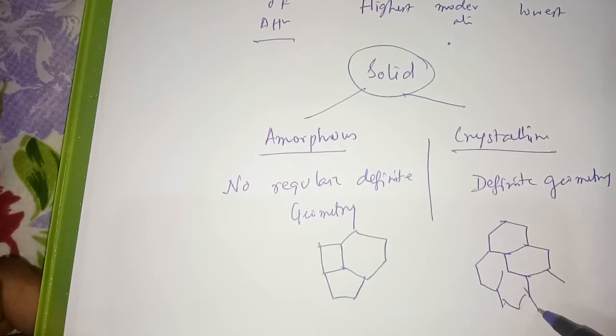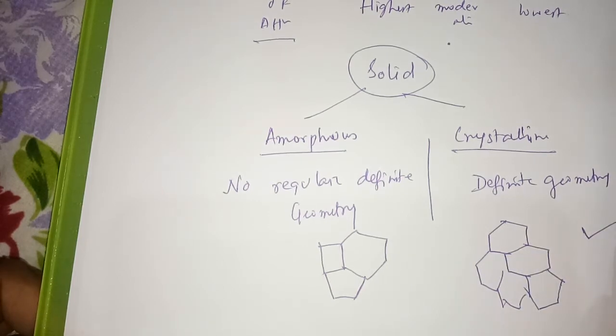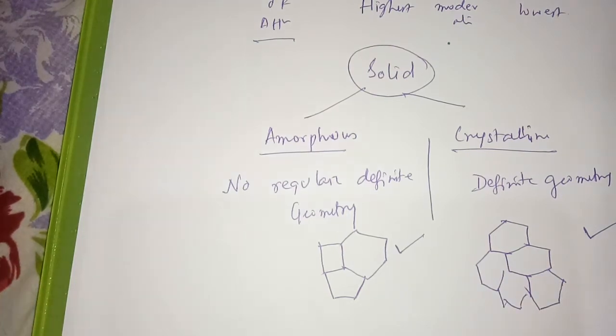All are hexagon. So long range regular geometry you will get in crystalline substance, and this is short range order. Maybe two squares are there, maybe two pentagons are there. So about crystalline solid and amorphous solid we have read.